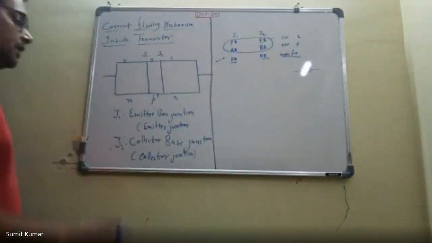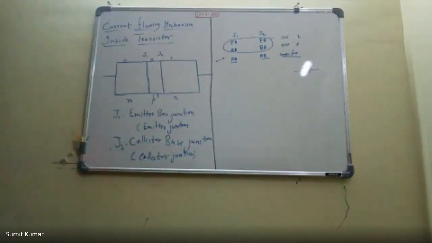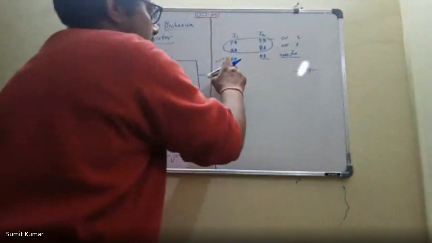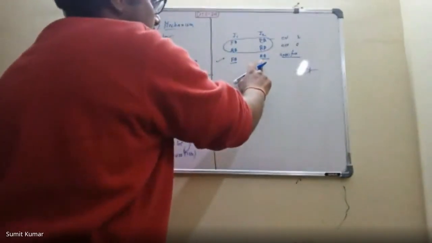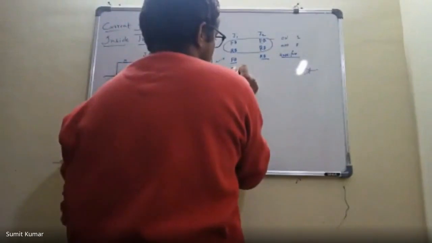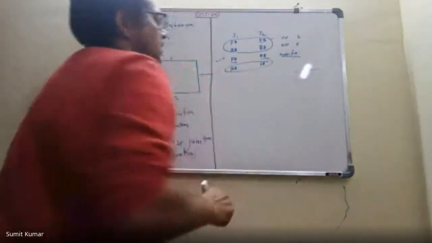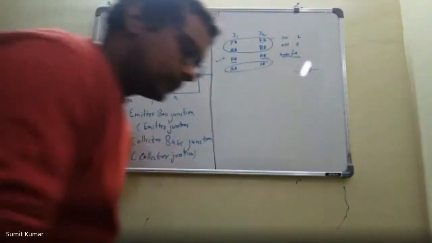Now we will discuss the current flowing mechanism. So what happens when we provide forward biasing to this junction and reverse biasing to this junction? The other possibility is there, this could be reverse bias, but this is useless, we don't use it.